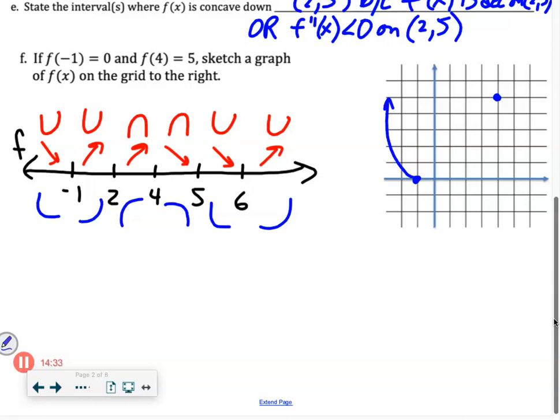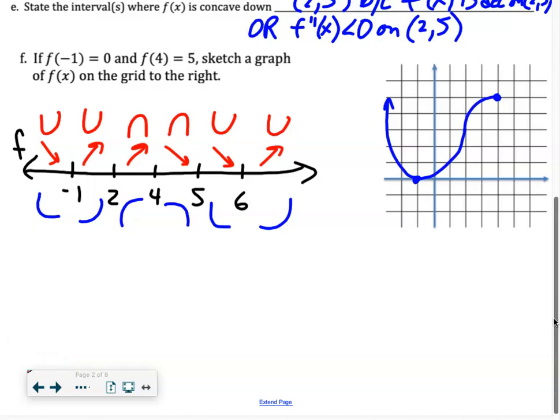Then from -1 to 2 we're increasing all the way to 4. We don't know what y value at 2, but from -1 to 2 we're concave up. And then from 2 to 4, we're concave down.